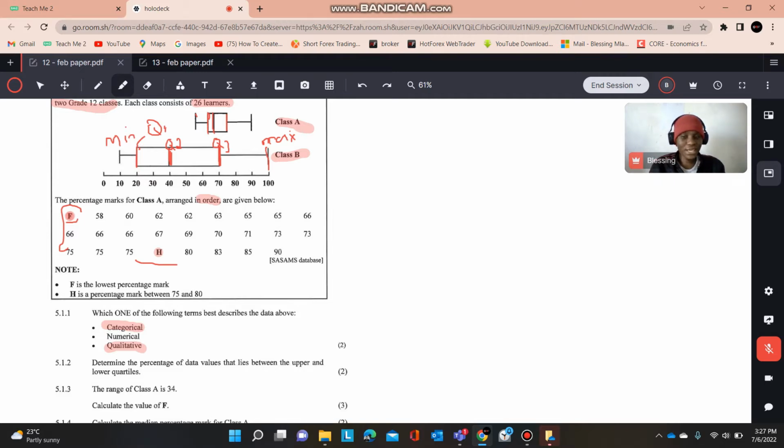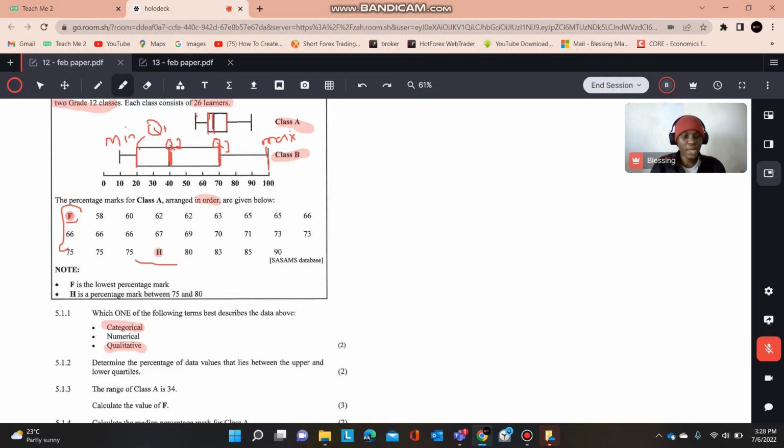So wherever you see plenty of numbers, you know that this data is numerical. If it was categorical or qualitative, they would be categories saying blue, red, and green, and then we categorize the data based on that. Okay, we have 3 green cars, 5 blue cars, and stuff like that.